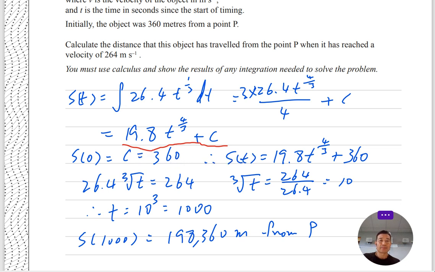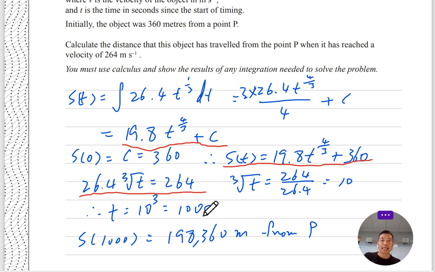So you get this equation here. Then you have to find the time when the velocity is 264. Back to the velocity function, you set this equation, and it comes out that t is 1,000.